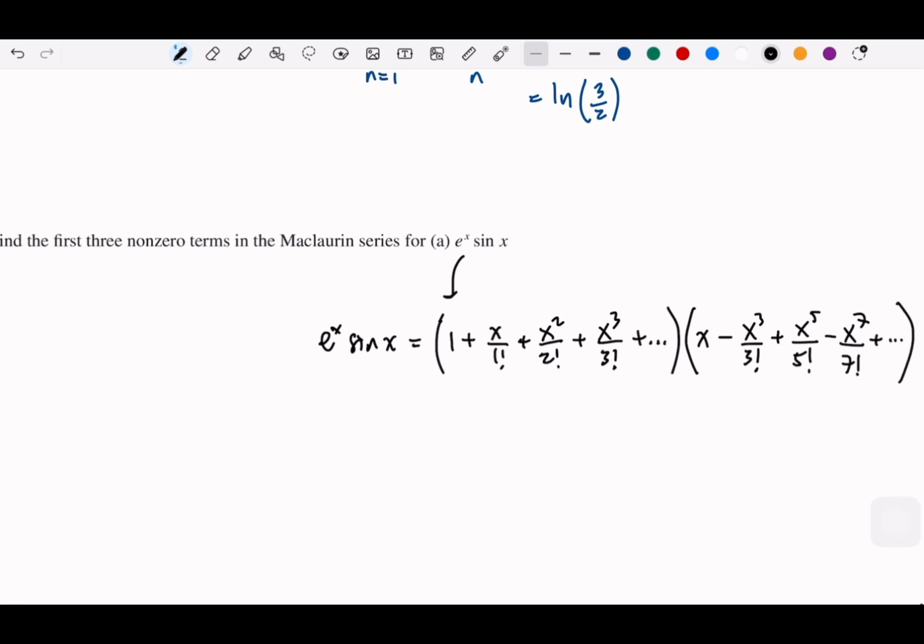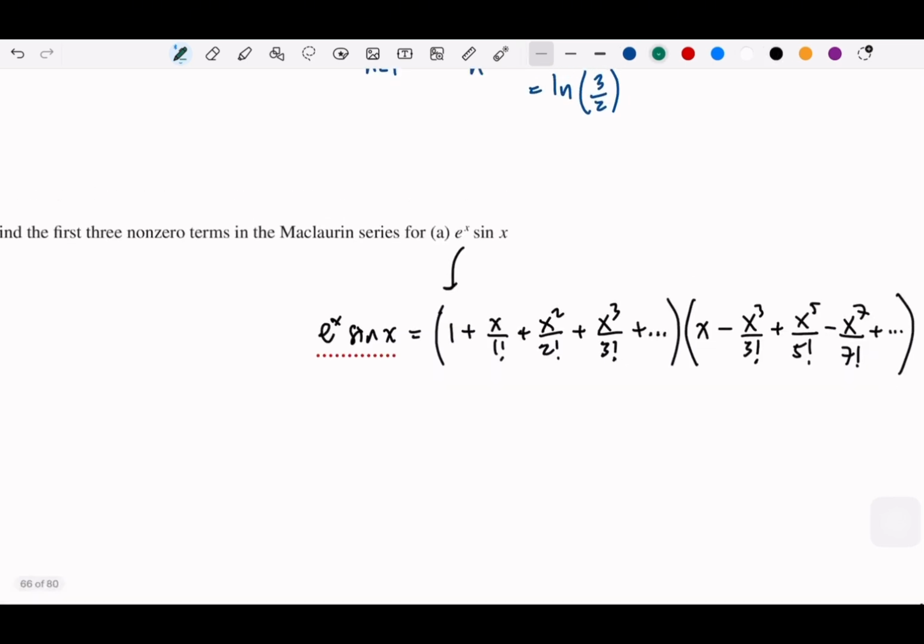Okay, and basically we are going to multiply all of this. So we multiply, and then one by one we can see how it looks like and combine everything.